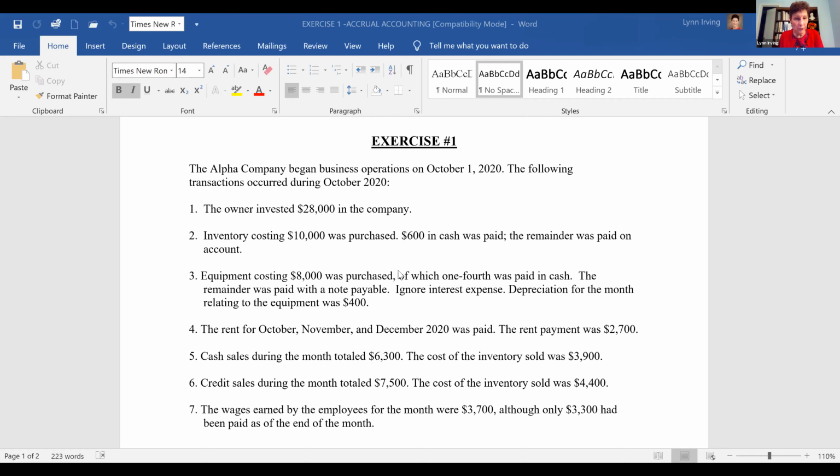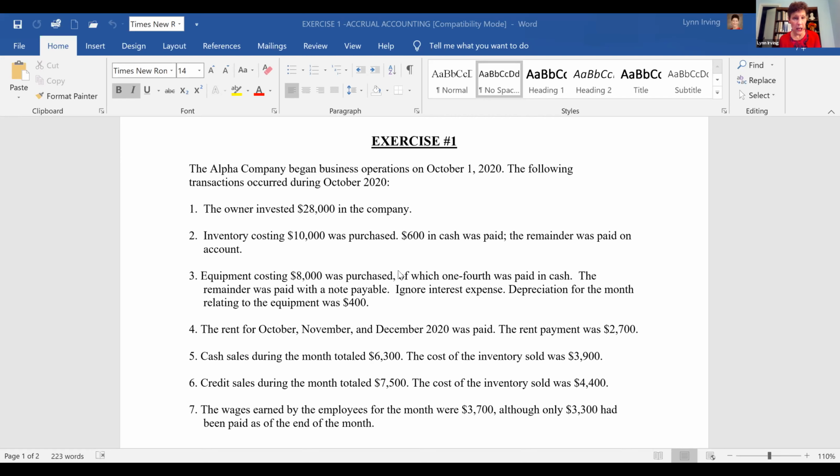Now, number 4, does this look familiar to you? I paid 3 months of rent in advance, right? October 1st, I paid my rent for October, November, and December. And the total amount was $2,700. So doing the math, that's $900 a month.